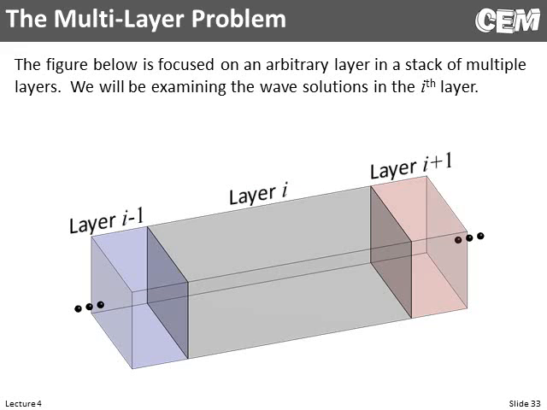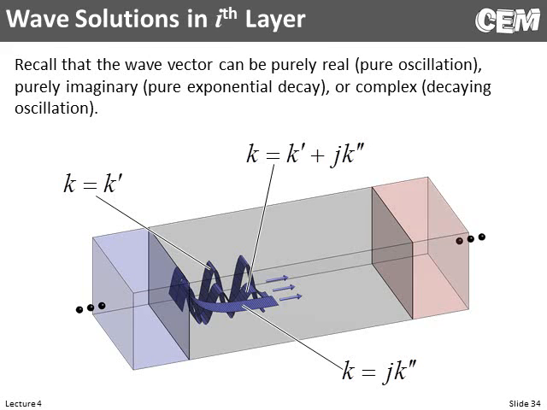Okay, so let's look at our layers again. So here we are, we've got this intermediate layer sub I and a layer before and after it, right? Now, within that layer, there's only 3 things an electromagnetic field can ever do. And this actually is a global statement. And we already know that from our discussion of a complex K vector.